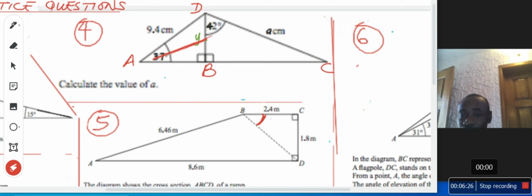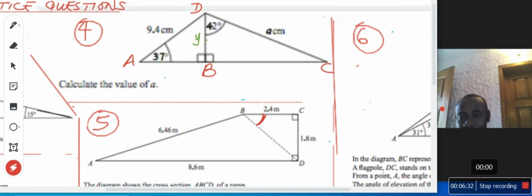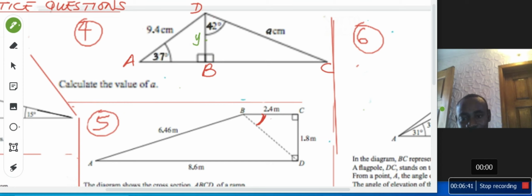So we can find Y first of all. Let me just give you the clue. How do we find Y? This is opposite. Sine 37. Good. We'll say sine 37 is equal to Y over 9.4.